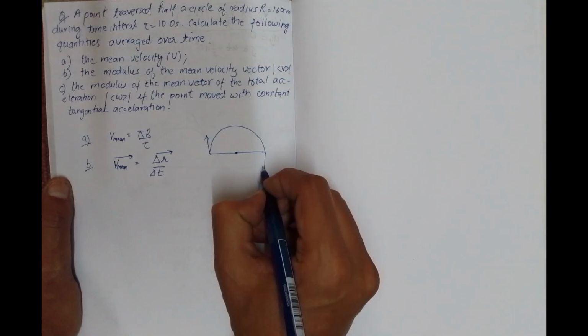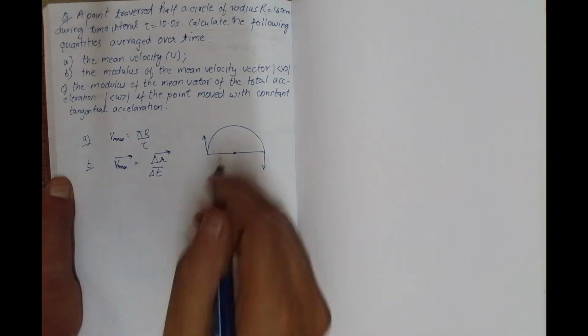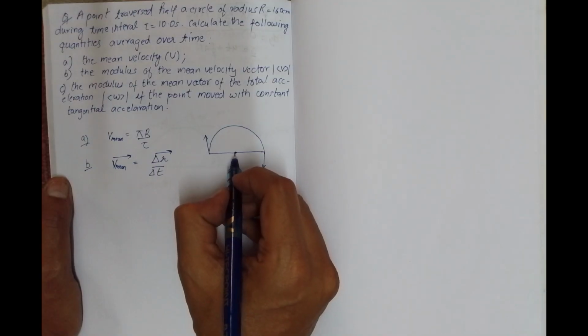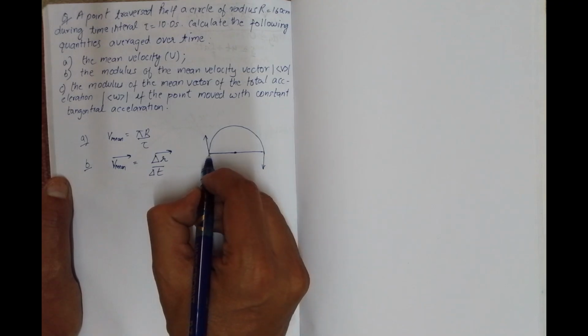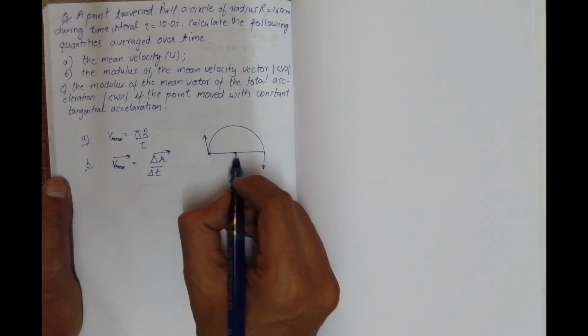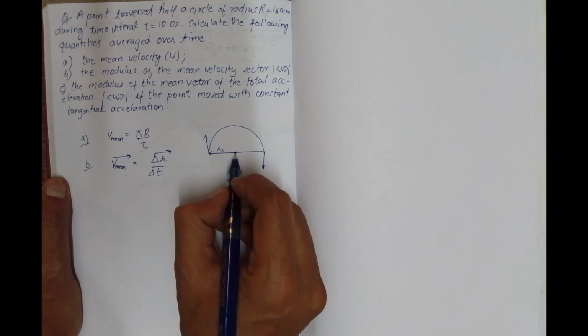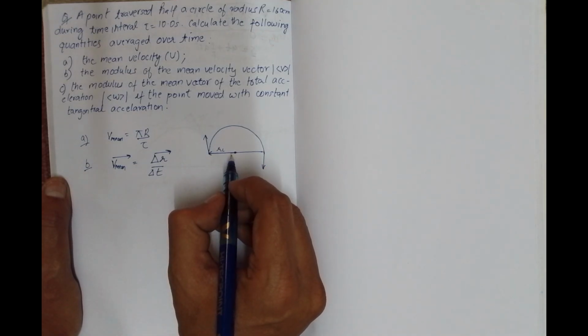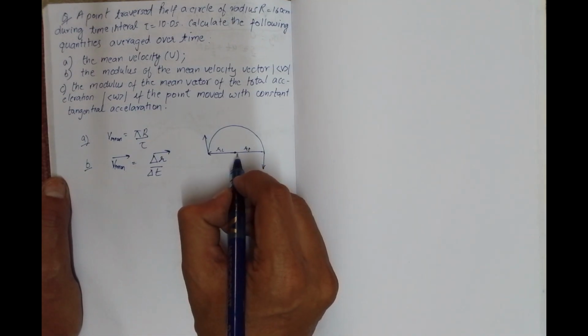Finally, the velocity is vertically downwards. Initially, if you take from this point, the r vector is like this. Finally, the r vector is like this. Initial ri is like this. If you consider this is the point of origin, the final rf vector will be like this.